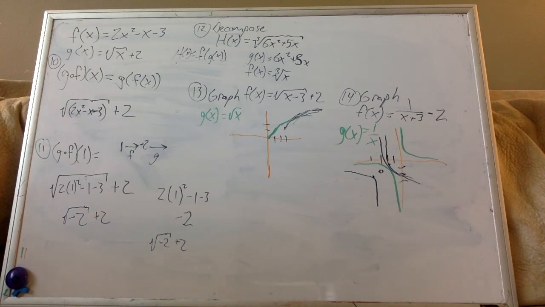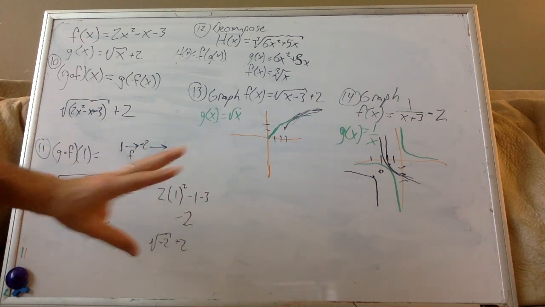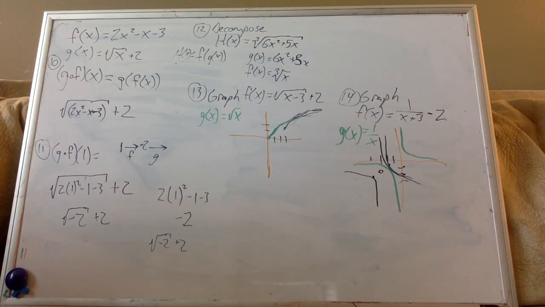So the black represents my f of x. Okay, so very similar shapes, but I've transformed them in a certain way. So it's important to think about what that base shape is and how I've shifted it or stretched it, or in these cases I don't have any stretching, but you can see how the shifting happens.